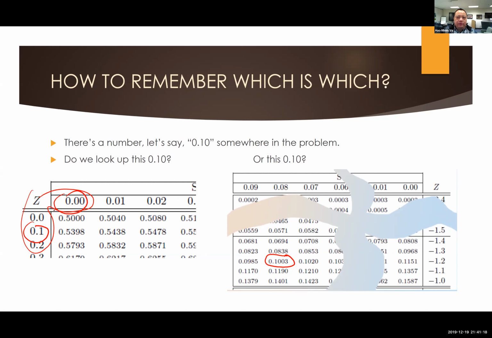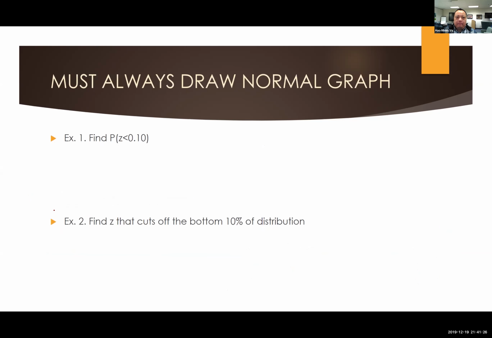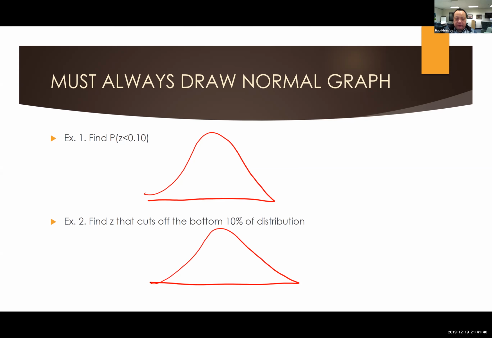So the way to figure out which is to always draw the normal graph, always draw the diagram, okay? So for example, you have two examples here. Example 1, find the probability that z is less than 0.10. Example 2, find the z that cuts off the bottom 10% of the distribution. So, you draw it. Z is less than 0.10, so it's something about z.